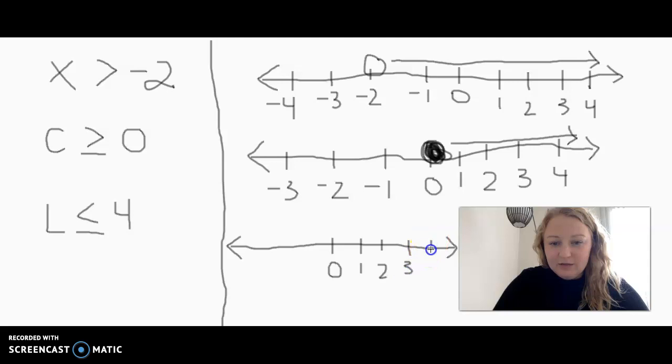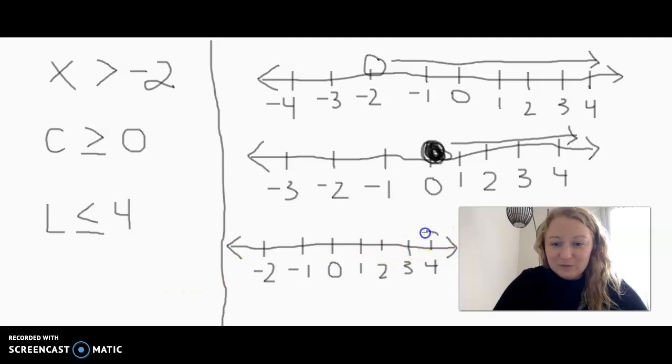Could L be 3? Could L be -1? Could L be -100? It's less than or equal to 4.